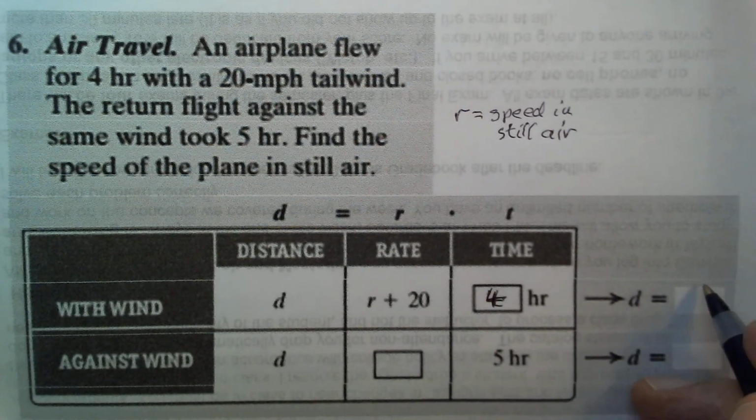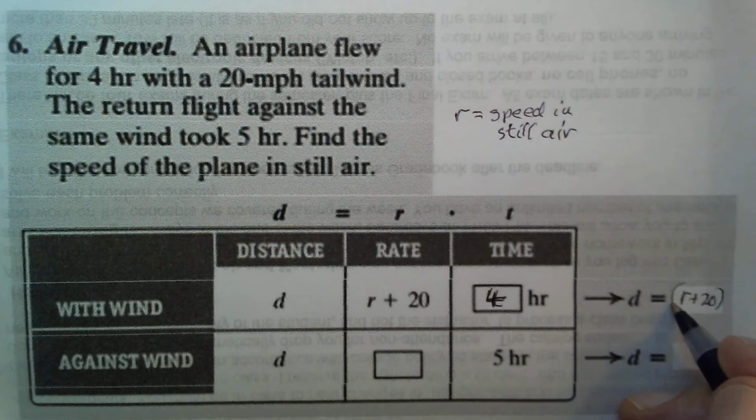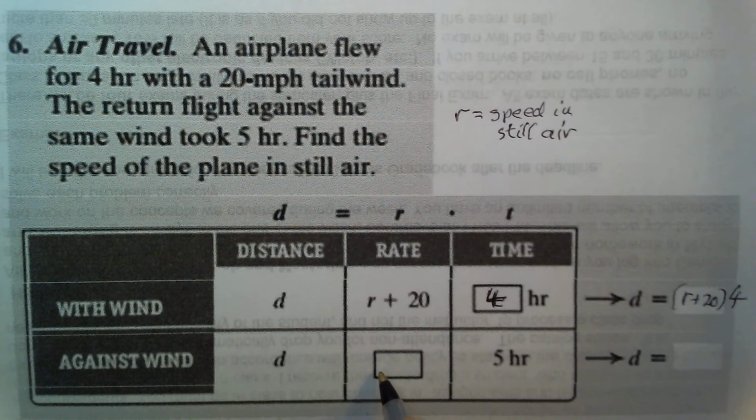So in other words, d equals r plus 20 times 4. When we fly against the wind, we go slower, so now our rate decreases by 20 miles per hour, and for 5 hours. So that means the distance flown is the rate, now r minus 20, times 5 hours.